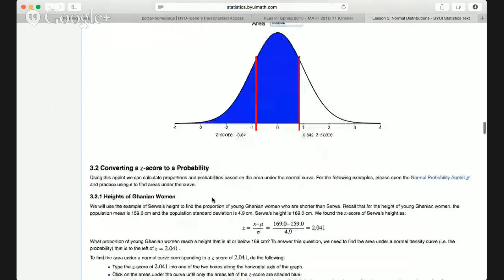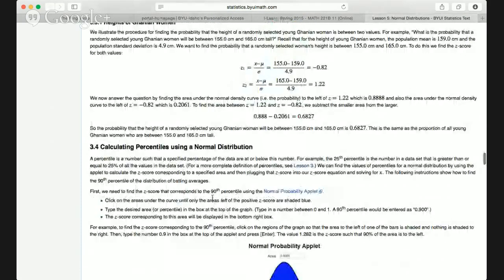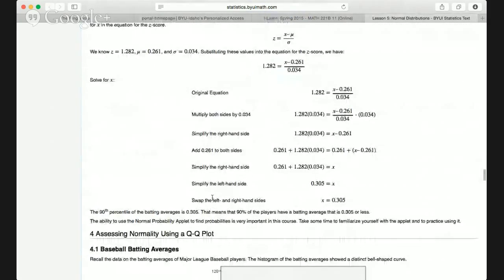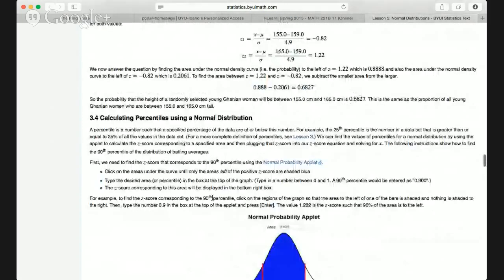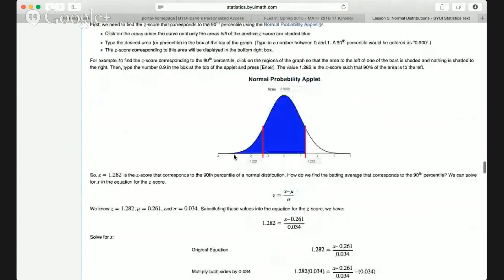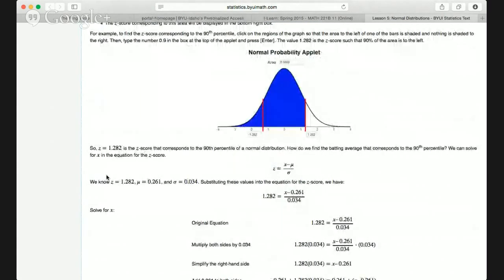Because it's not just asking for the z-score. So calculating percentiles using a normal distribution: first we need to find the z-score that corresponds to the 90th percentile. So we found the z-score. Yeah, so we do have to solve for X. Okay.